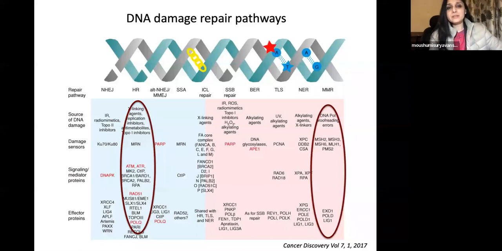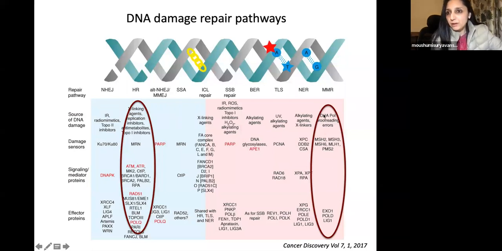So before I begin, there are various DNA repair pathways in our body, and we commonly know about two pathways. We are just talking about two of them, and they are the homologous recombinant and the mismatch repair pathway. But actually, there are many other pathways like nucleotide excision repair and base excision repair, but we are presently not talking about them because there are only drugs available for the homologous recombinant pathway and the mismatch repair pathway.